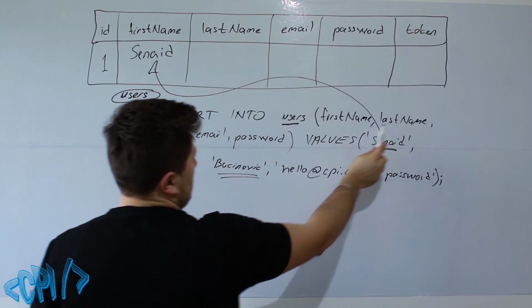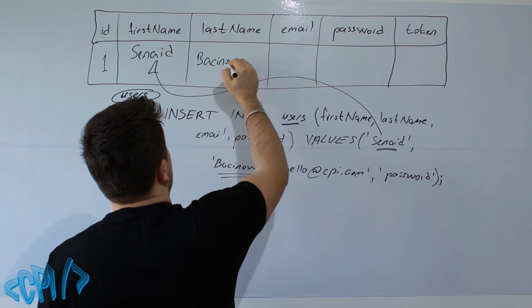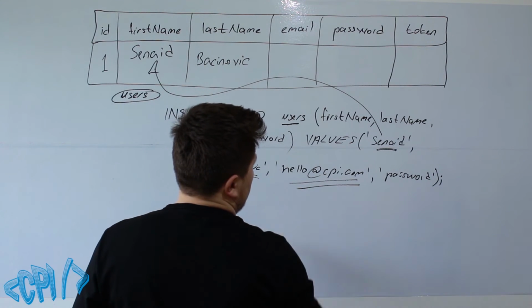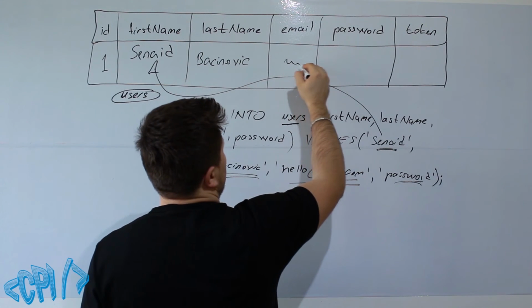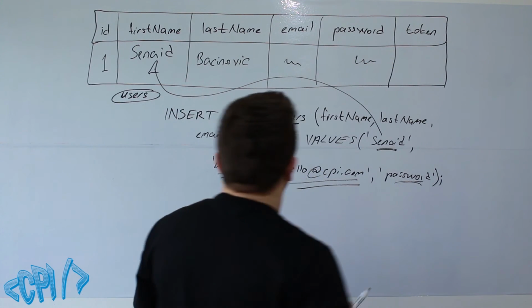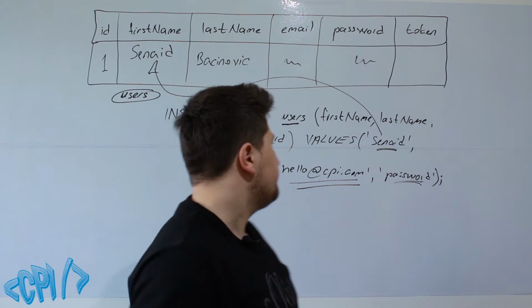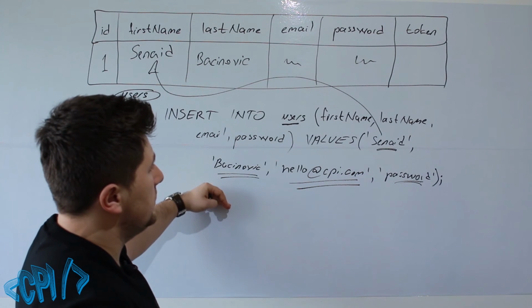This is our last name, so it's going here. The same thing is going for the email and for the password. They are going here and here. I'm not going to write because I want to keep this video very short. So this is how we are going to insert something.